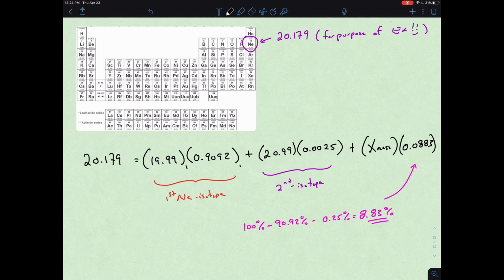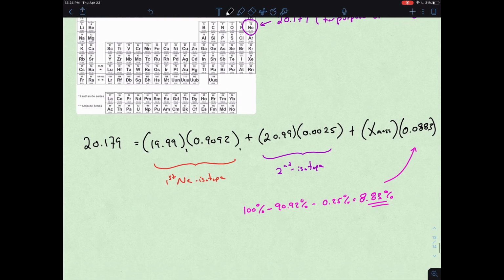And so we're just rearranging this to solve for that particular mass. I would just be slow and stepwise and do each one of the parentheses. Sorry, that should be 0.883.